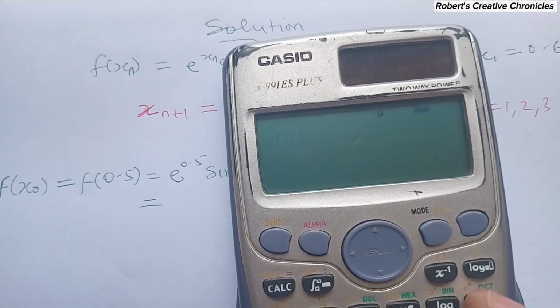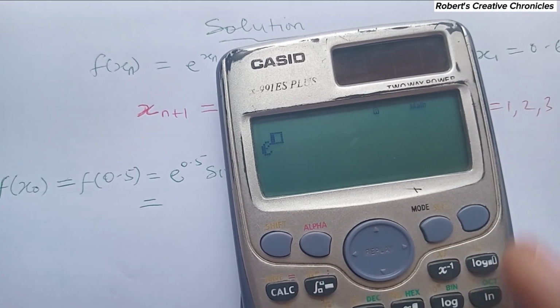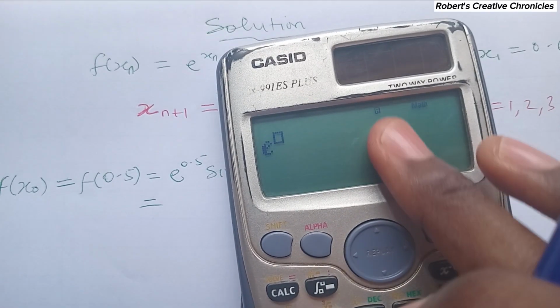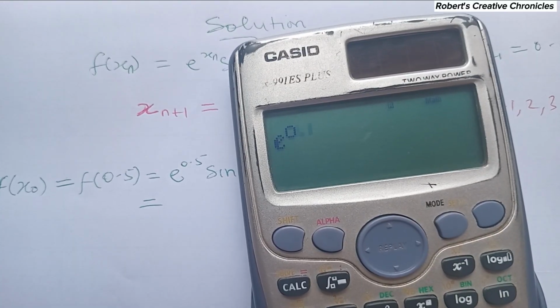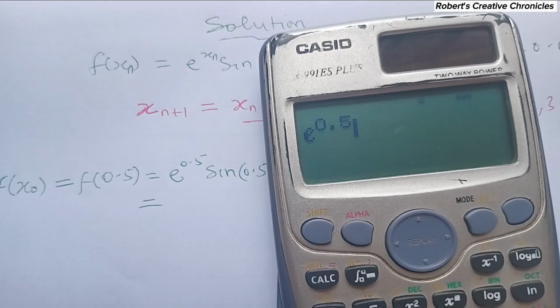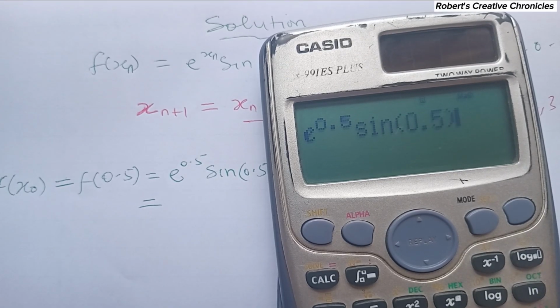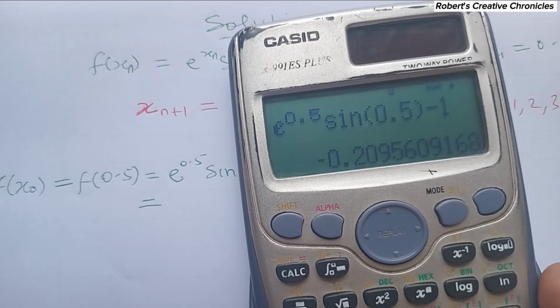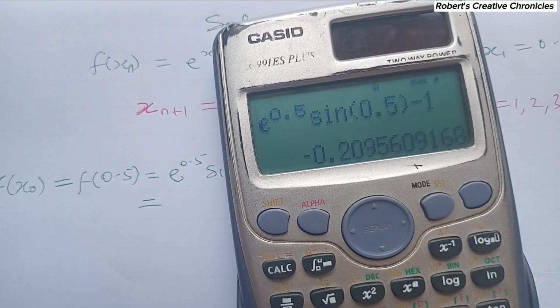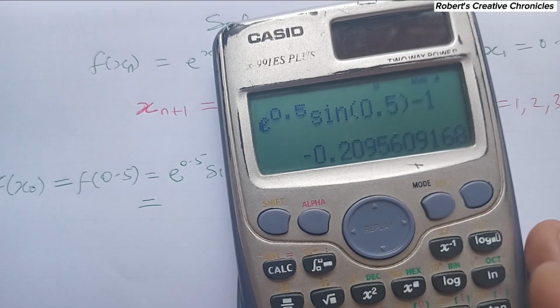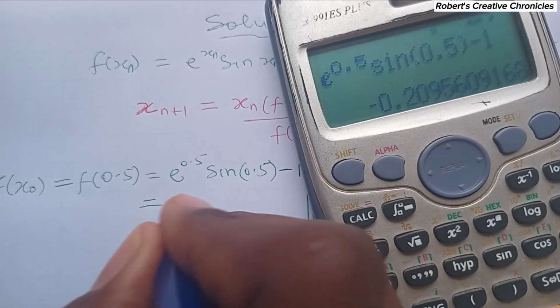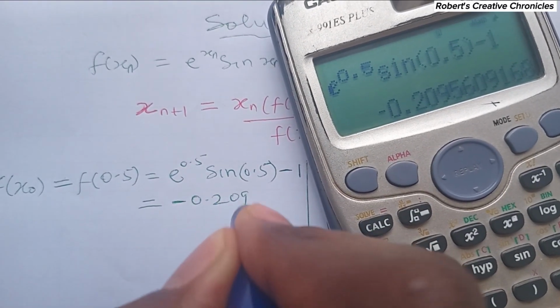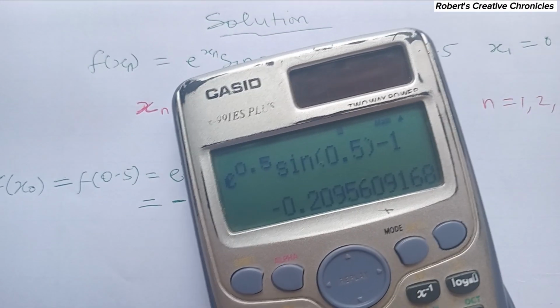So this now becomes, after you put it in radian mode, you can see R, then you say e^0.5 sin 0.5 minus 1. So this is negative 0.2096. You see?